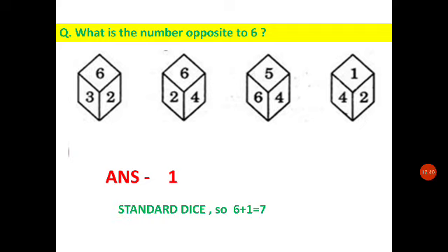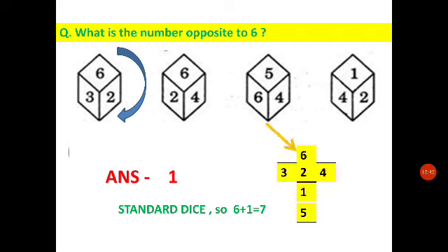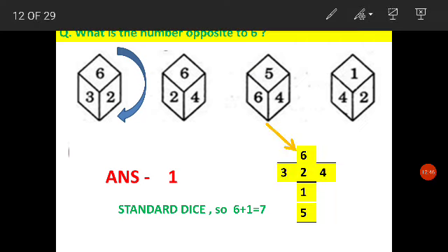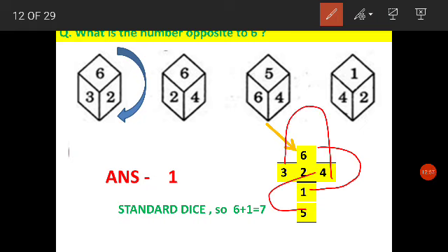Otherwise, you just draw the split dice and see the opposite figures. 6 and 1 are opposite, 2 and 5 are opposite, 3 and 4 are opposite. Everywhere the total is coming to 7. So it is a standard dice. But you don't go by the analogy of standard dice.